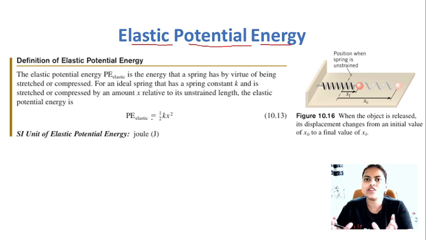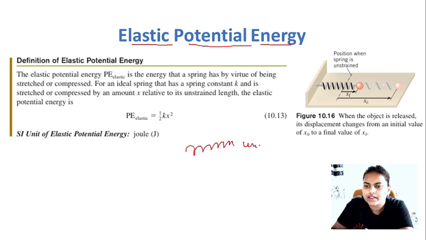So when there is no force acting on the spring, that length is known as unstrained length. And x is the change from the unstrained length, like how much stretching or compression is there.